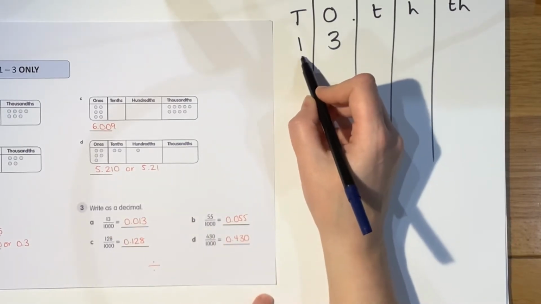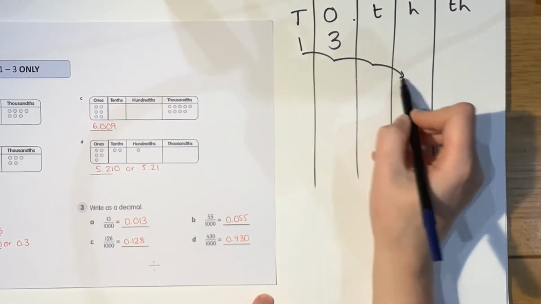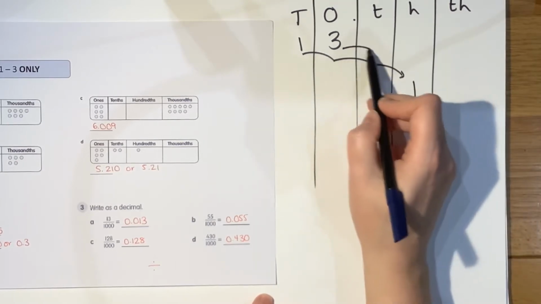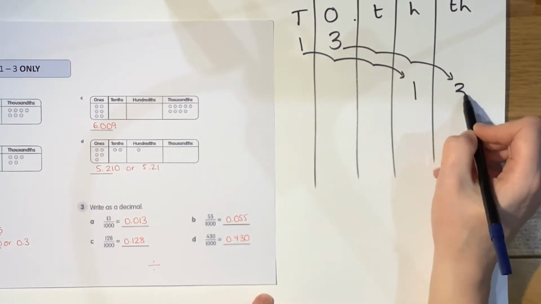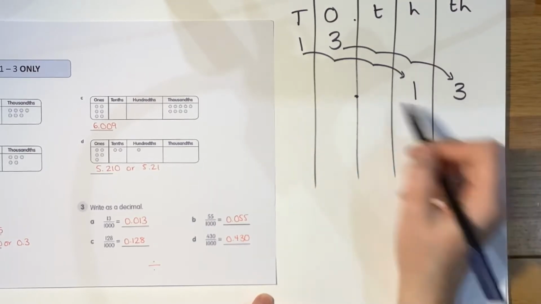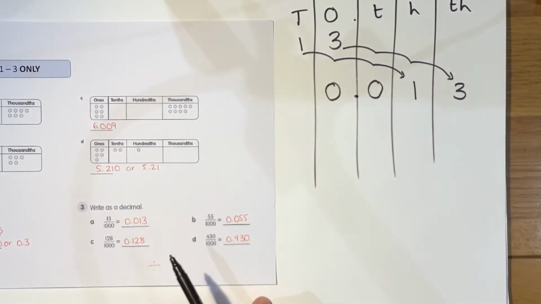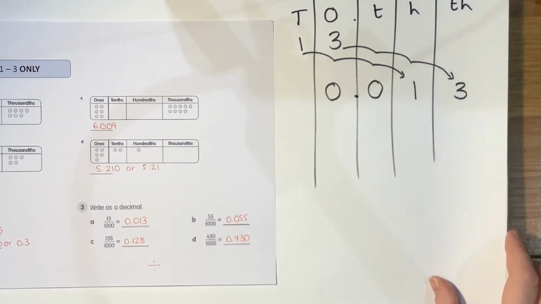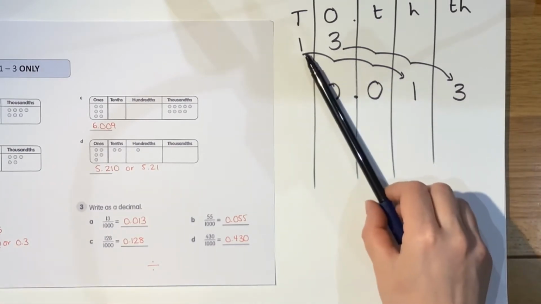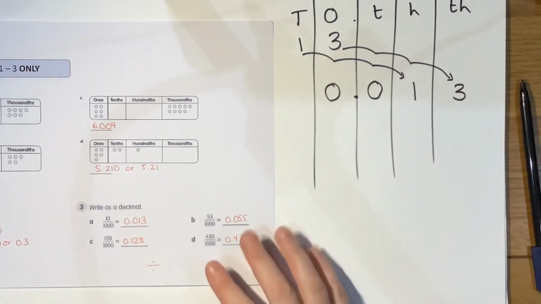So that 1 goes 1, 2, 3, ends up there. That 3 goes 1, 2, 3, and ends up there. We've got to put our decimal point in and then fill in those gaps, which gives us 0.013. So you're just dividing by 1,000 each time. Now you know why I kept banging on about how important it was to talk about moving the digits. There we go, see?